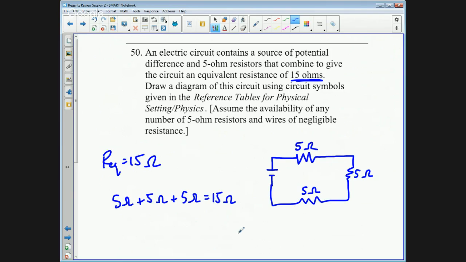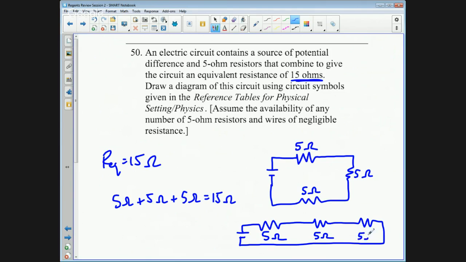You could have easily drawn the circuit like this as well: 1, 2, 3, 5 ohms, 5 ohms, 5 ohms. It's easier to do this with a series circuit. I don't think it's possible to build a parallel circuit using 5 ohm resistors to get 15 ohms.